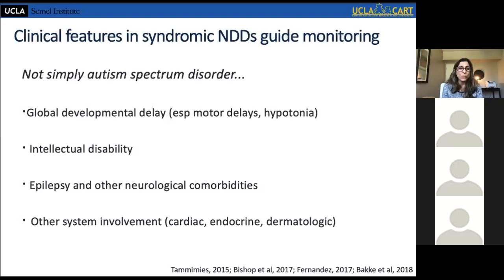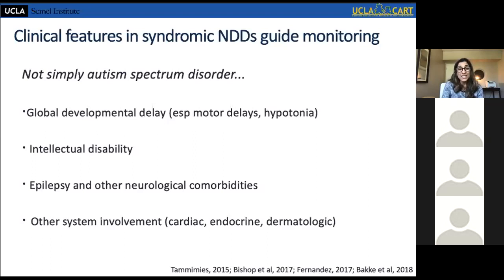Kids with PTEN mutations, for instance, are at higher risk for a variety of different cancers. So there is a clinic at UCLA that follows these patients just to monitor them for different oncological comorbidities. So again, knowing about the syndrome does help guide clinical monitoring.